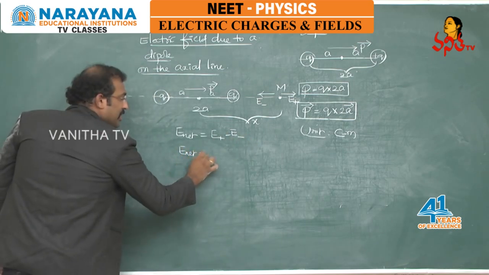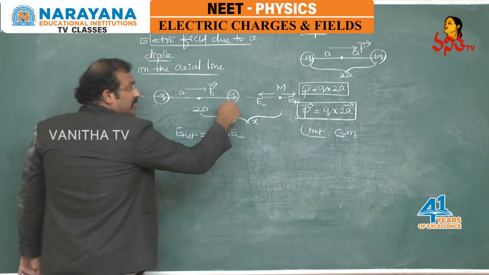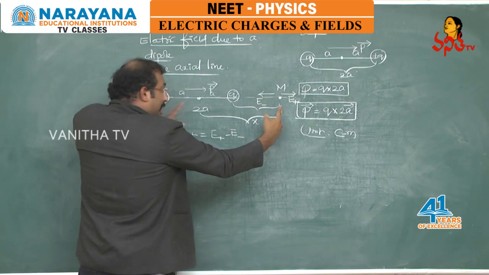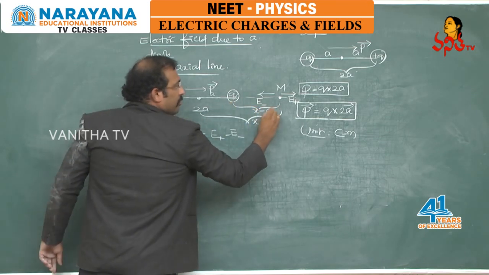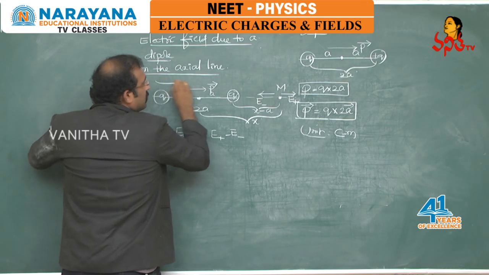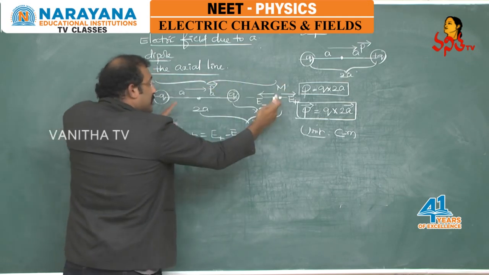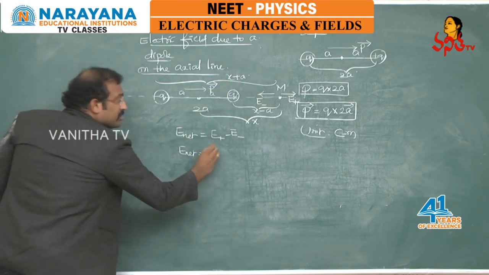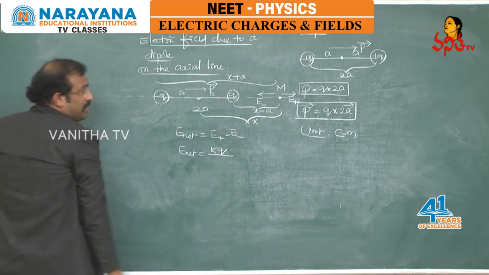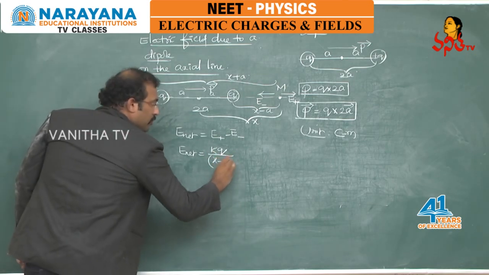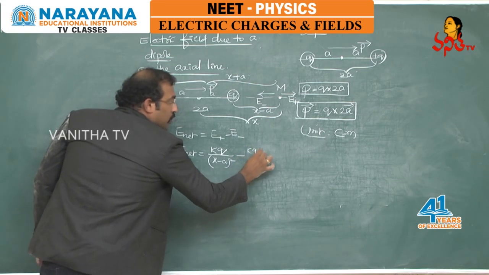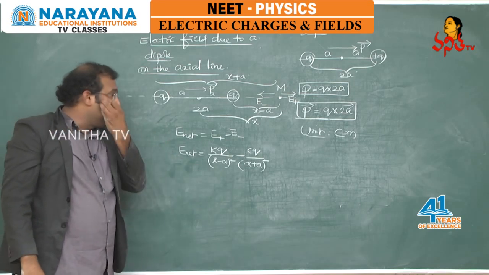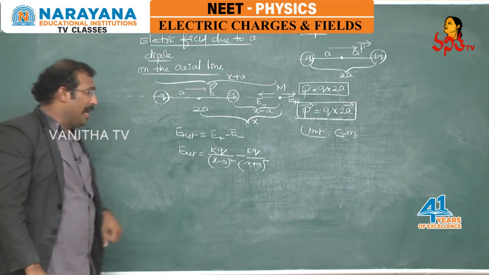The distance of this point M from the positive charge is x minus A. From the negative charge, this is the distance, x plus A. So electric field is kq by x minus A whole square minus kq by x plus A whole square. These are the two fields due to positive and negative charges, and the resultant field is given like this.